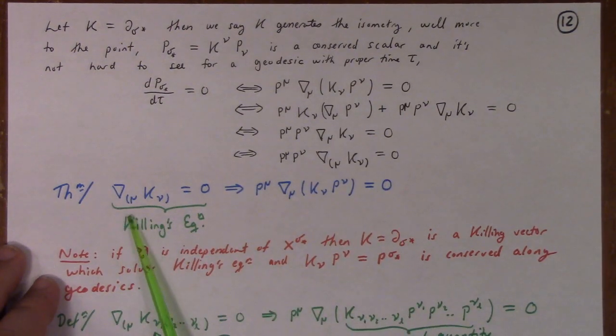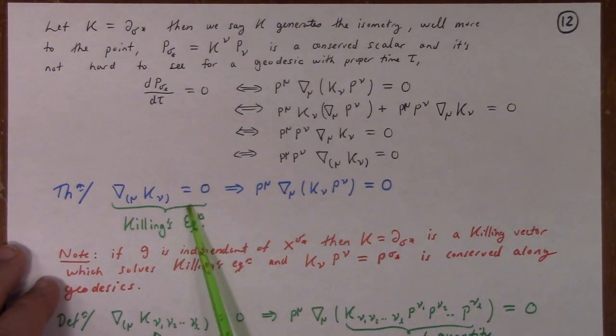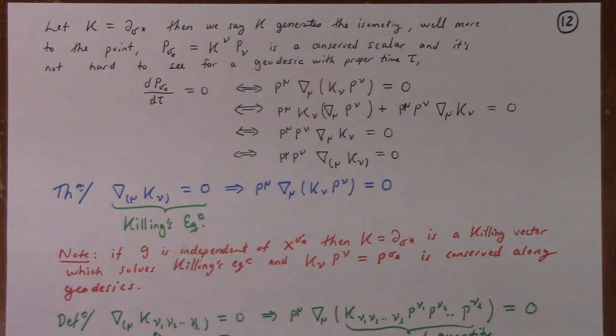And so lo and behold, Killing's equation, which is this. So a Killing vector is something that satisfies the covariant derivative symmetrization equation like this.